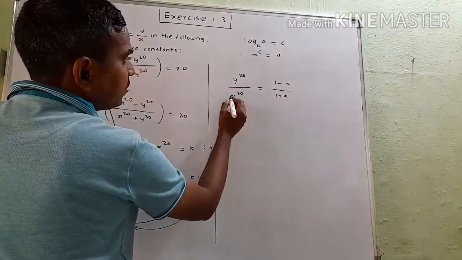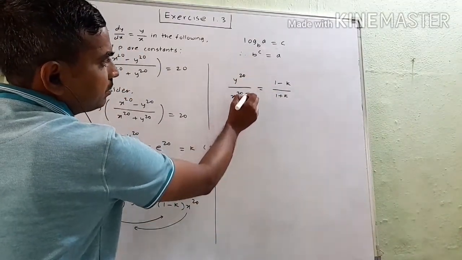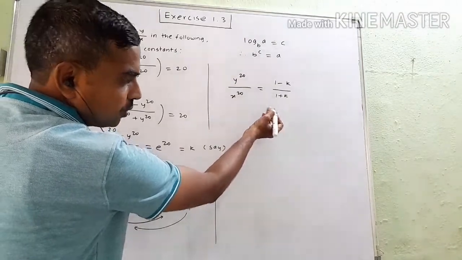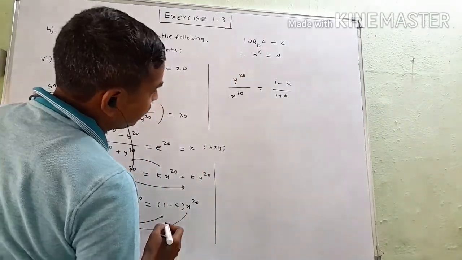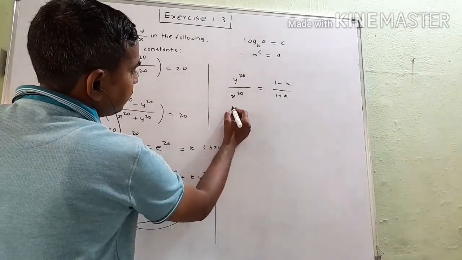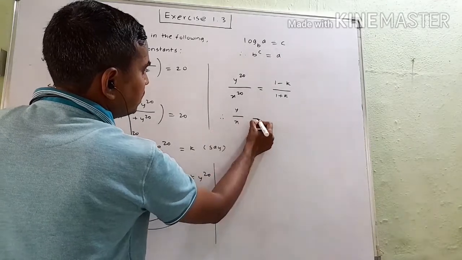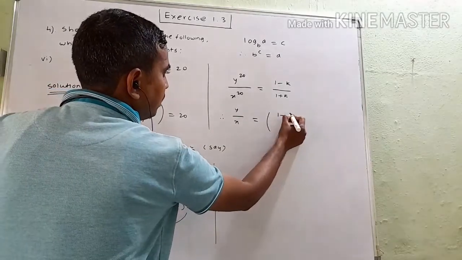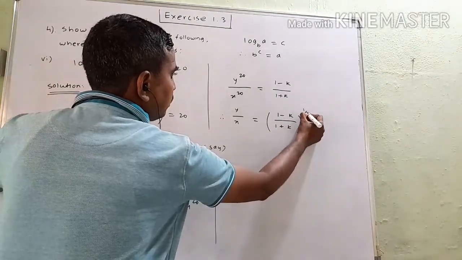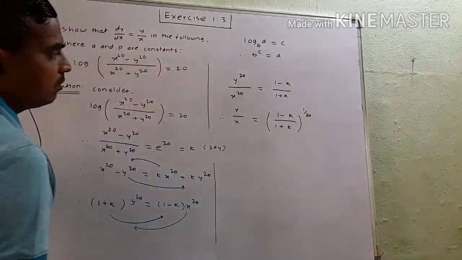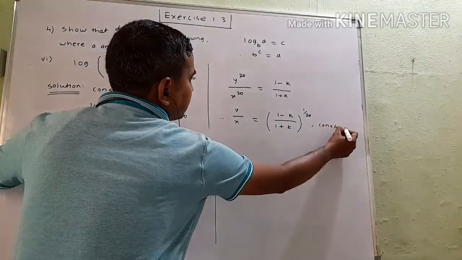Now we will take the 20th root. If there is a square term, we write the square root. If the power is fifth, we write the fifth root. Here the power is 20, therefore we get the 20th root. So we can write y by x is equal to 1 minus k divided by 1 plus k, to the power 1 divided by 20. Now this is constant. The right side term is constant.